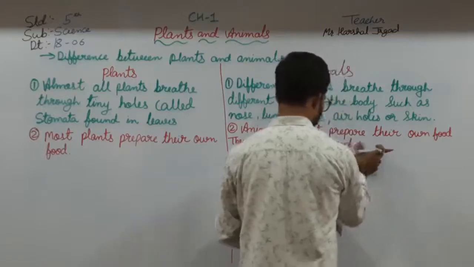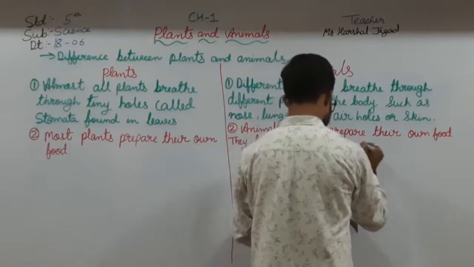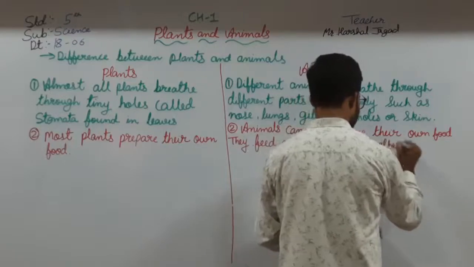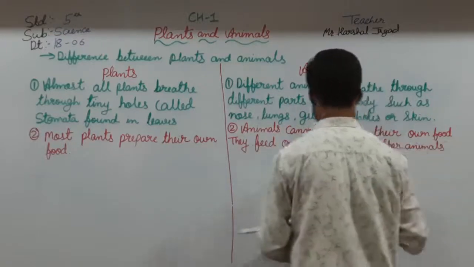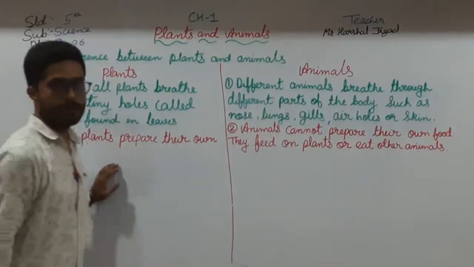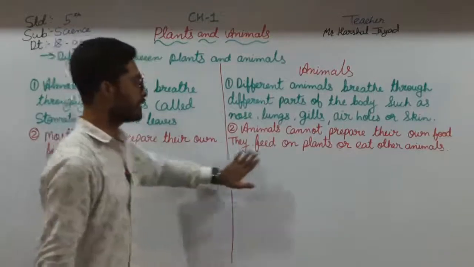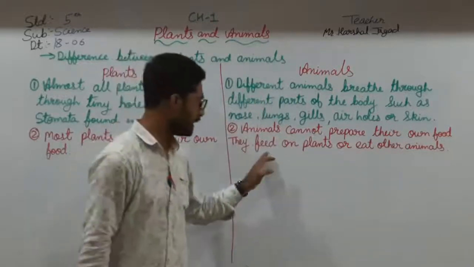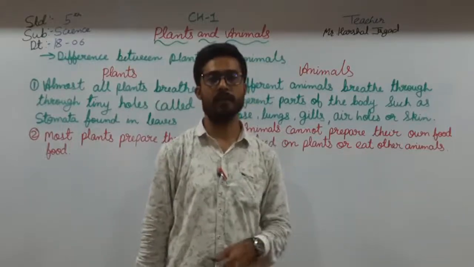Plants or eat other animals. Okay. So here plants can prepare their food on their own, by the photosynthesis process, which we will see further. But animals cannot prepare their food on their own. What they do is eat plants or eat other animals for their food.